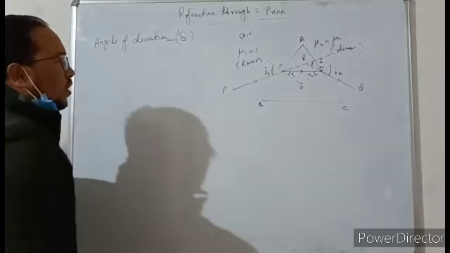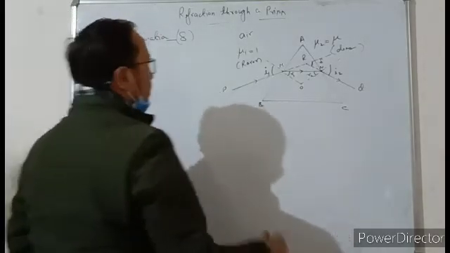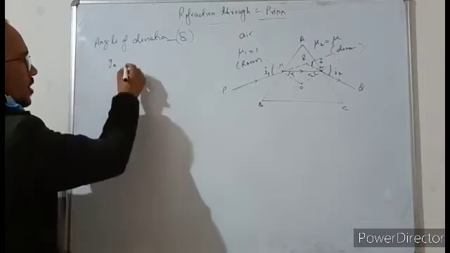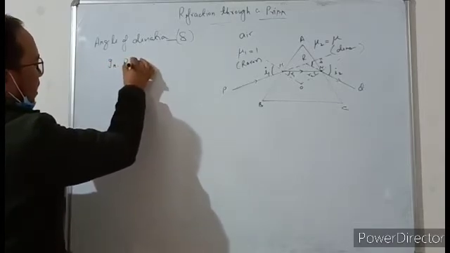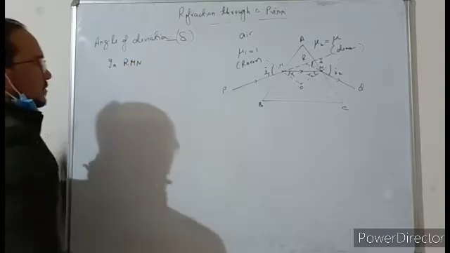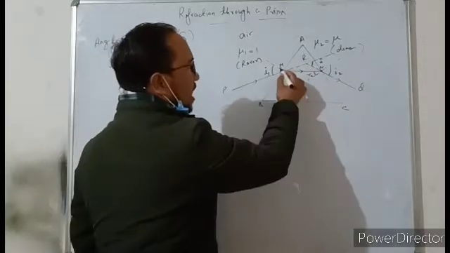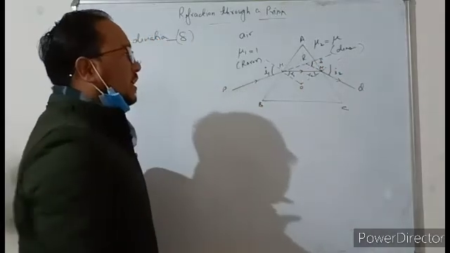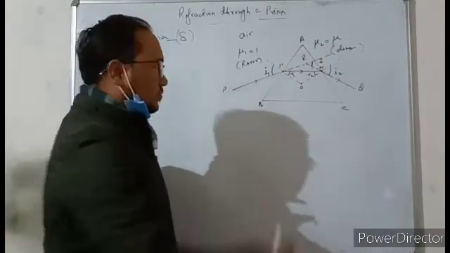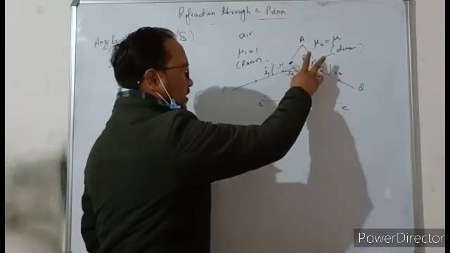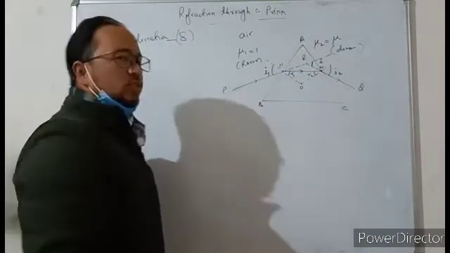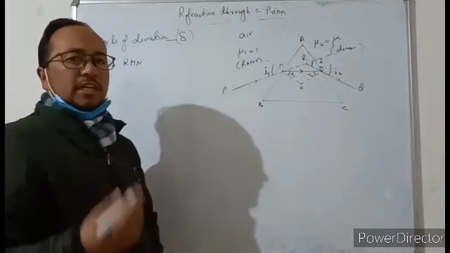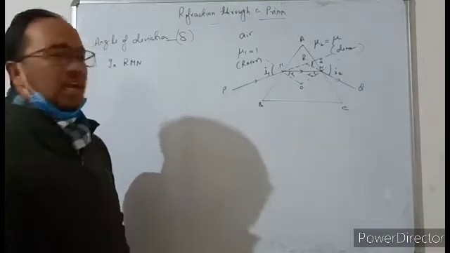Now we have to find angle of deviation in terms of I1, R1, R2, I2, and angle of prism. For this, we take triangle RMN. Students, in this triangle RMN, the angle of deviation delta is the exterior angle. Using the property of triangle, the exterior angle is equal to the sum of the interior opposite angles of the triangle.